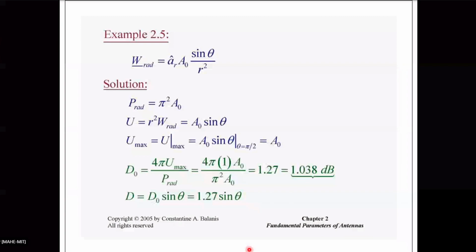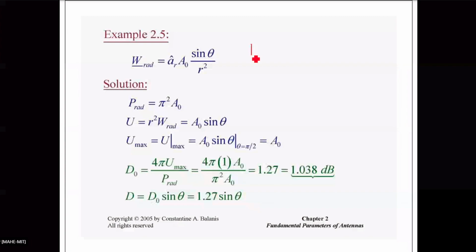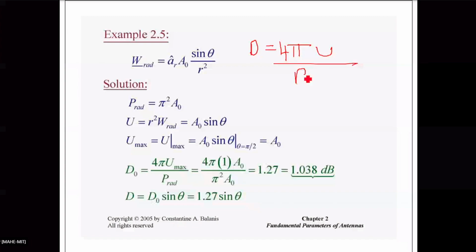Excuse me, sir. Can you explain again how we got D naught sin theta? Okay. Do you know the expression for D? Yes, sir. D is equal to 4 pi into U by P_rad.